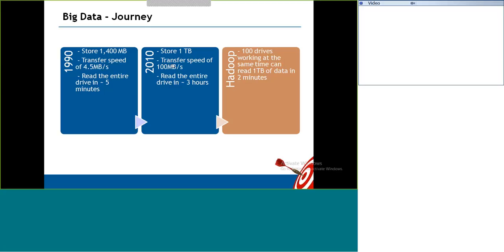Using those technologies, to read the entire 1 terabyte drive takes 3 hours. The customers are expecting very good technologies which can do faster processing. They expect to complete it in 5 minutes or less, but it takes 3 hours if you use the traditional technologies in 2010.